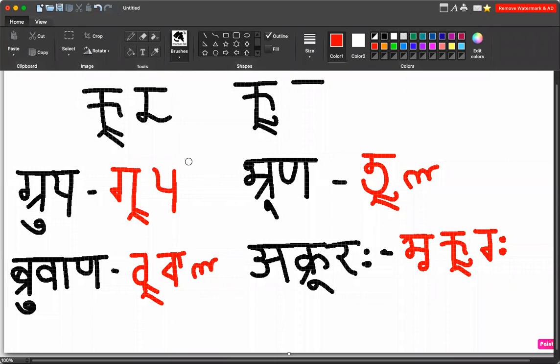So this is how we write laghu u and dirgh u along with the letter. If we are writing r along with u, you can see words like krute, or if you're writing shruti, as I said when we started. So all the letters which have r followed by u, this is the rule that we would follow. This is the way we would write.